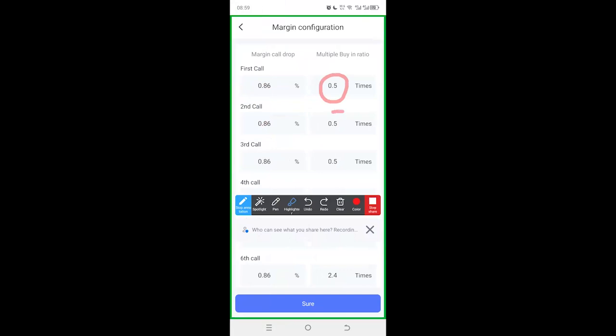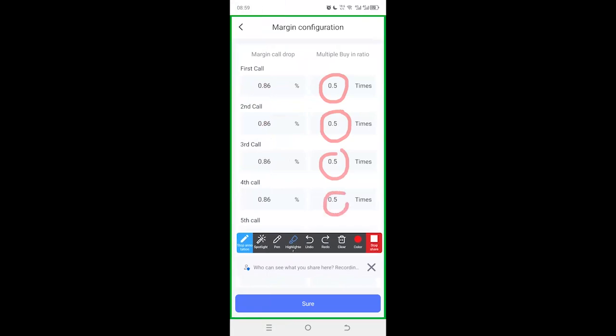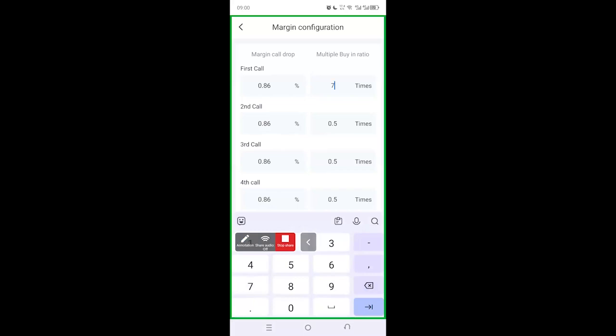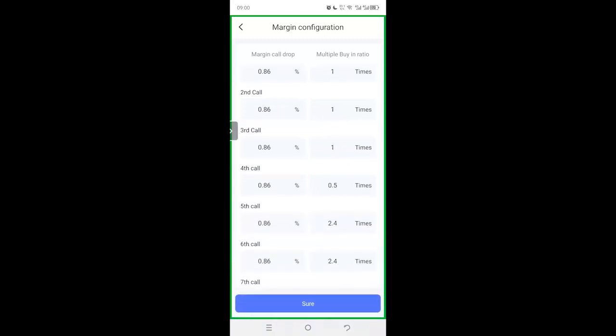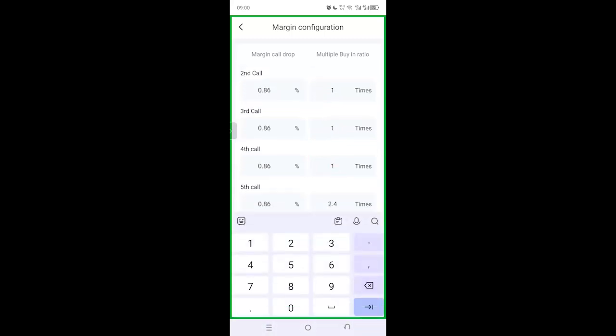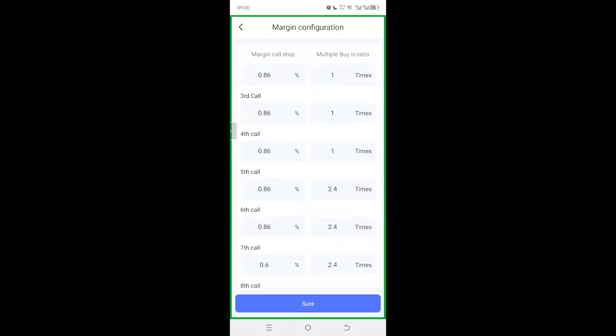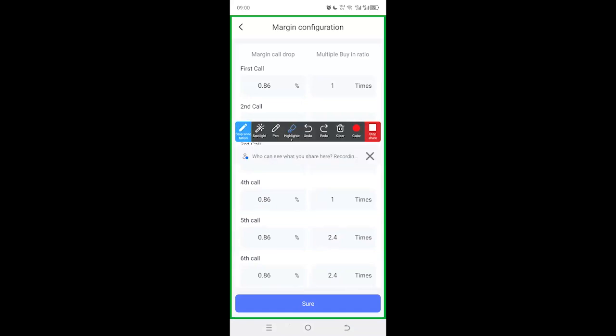For the first 4 margin calls here, I'm going to put 1. For the first 4 margin calls, I'm going to put 1, 1, 1.